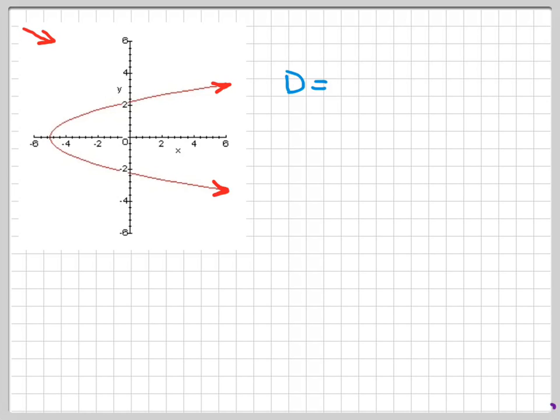The domain are x values. Let me get rid of that bracket. We may not need it. X values are what x's are used to make this graph. Well, to find our x values, we have to look along the x-axis here, and we can see the furthest left point is right there at this vertex of that parabola. That's as low as the x values go.